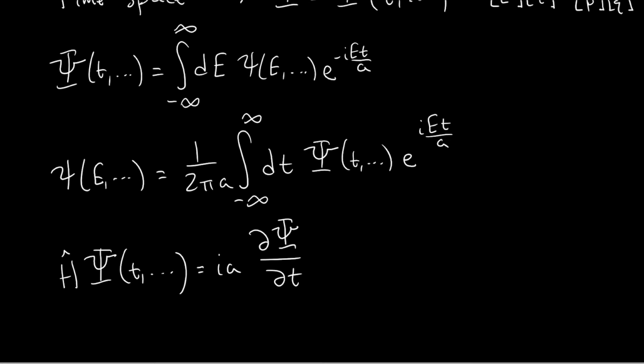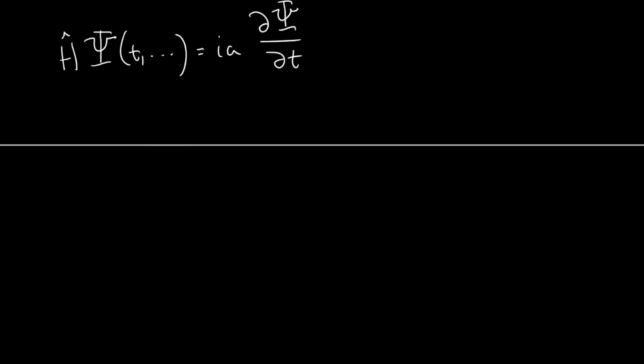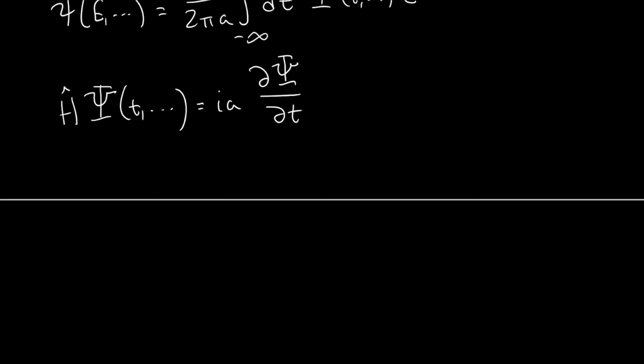Now this might be a very familiar equation to you. In particular, if I replace this constant, which I've called a, with a new name, that new name will be h bar, Planck's constant.